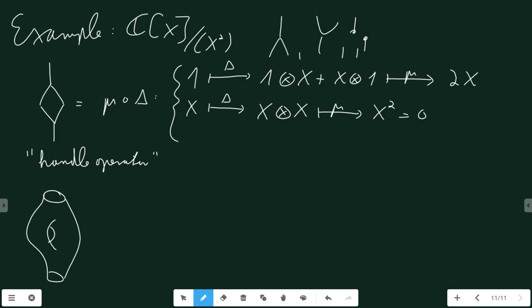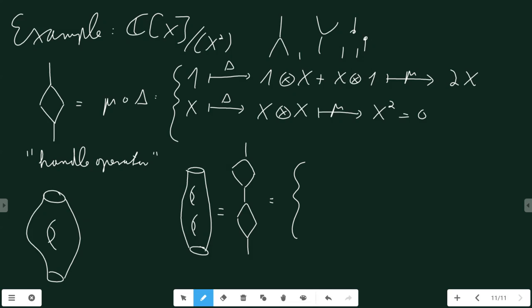So let me do the other operator, the twice handle operator. So it's spline diagrams. If you look at the calculation, actually this is the map that sends 1 to 2x, and we already know that x goes to 0 under the second handle operator, so this goes to 0. And x goes to 0 anyway, so this is just a 0 map.